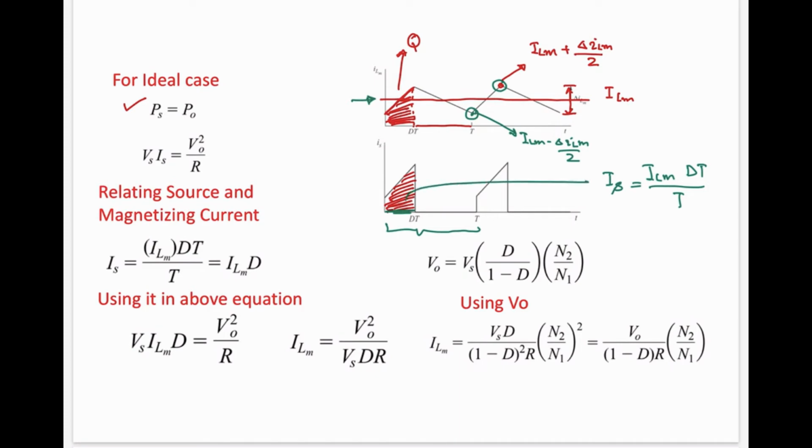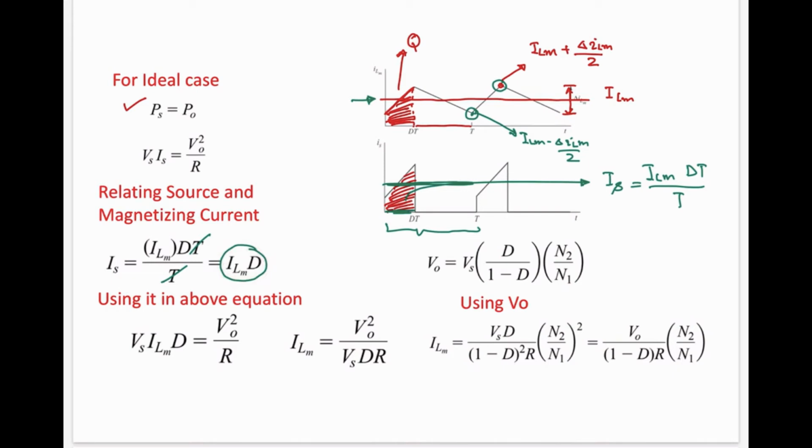I have done this calculation over here, average supply current for this complete interval, but basically it is conducting for the interval dt. So supply current will be equal to ILM into dt divided by t. So t and t will be cancelled out, so our supply current will be simply ILM into d. This one, the average current through the magnetization branch into the duty cycle.